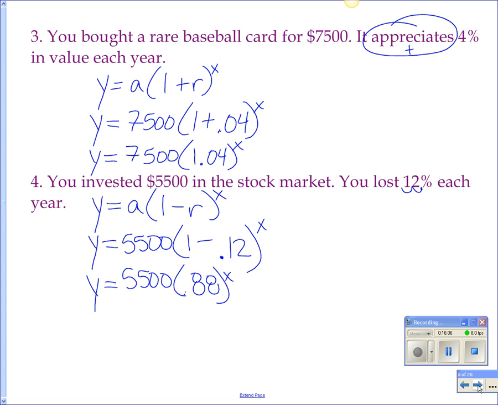Okay? Number 3, next equals now. That's how they always start. Next equals now. Monica, what are we multiplying by on number 3? Very good. 1.04. Okay, number 4. Next equals now.